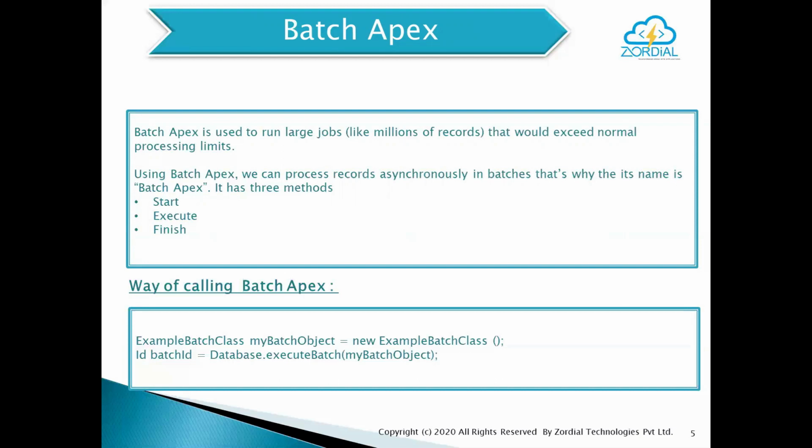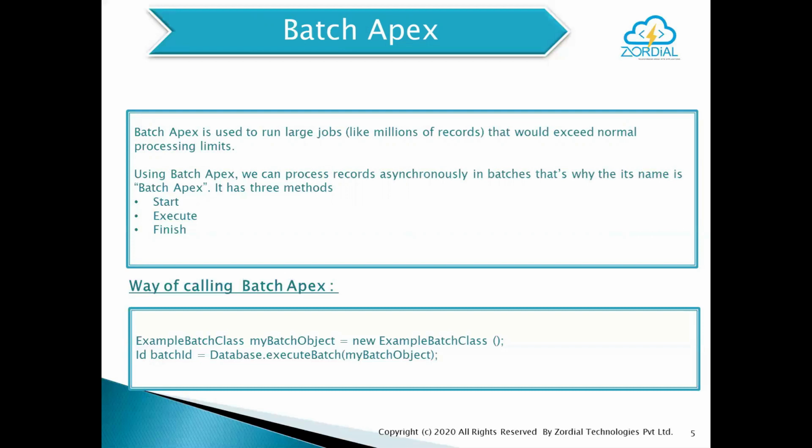That's why this process is called batch apex, and it has three methods: start, execute, and finish. Start and finish methods only get executed once, but the execute method will process the whole data in different chunks and batches. We can set the batch size depending on our requirement, let's say 10, 20, 200.